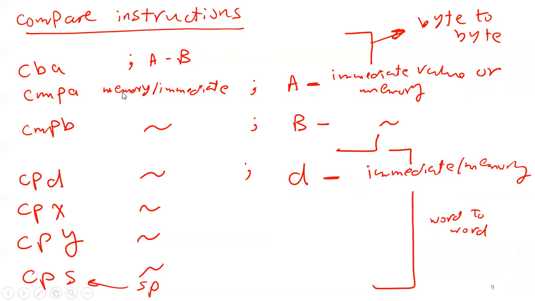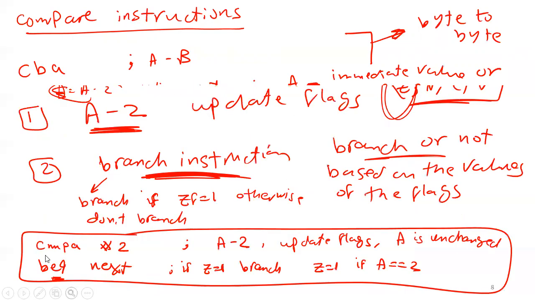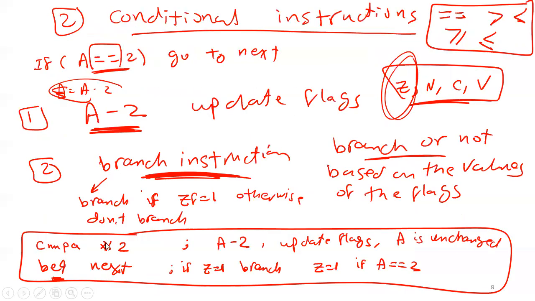This is for bytes. So A minus immediate value, or A minus memory location. That's what we did here: I compared A to a number. Also, you can compare A to a memory location, a byte in the memory.